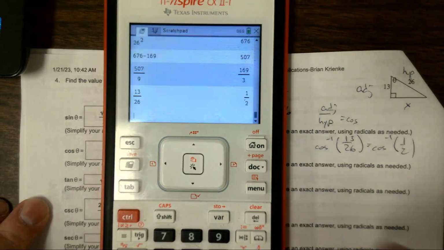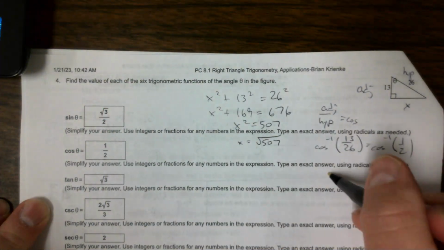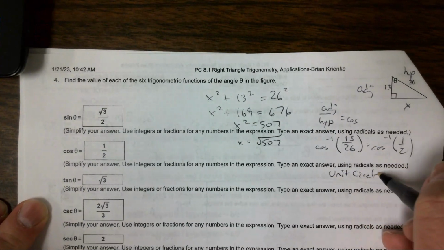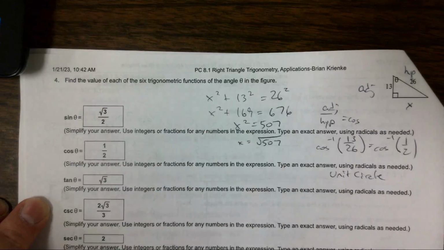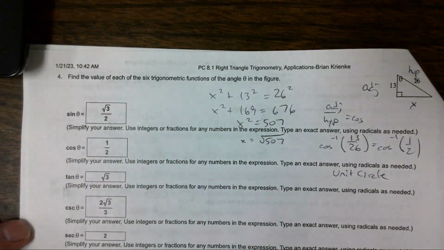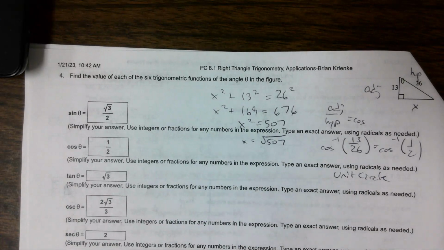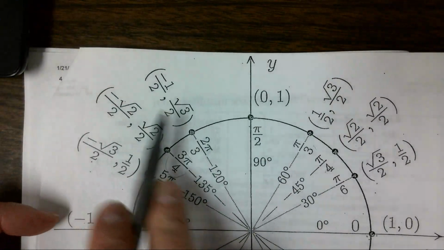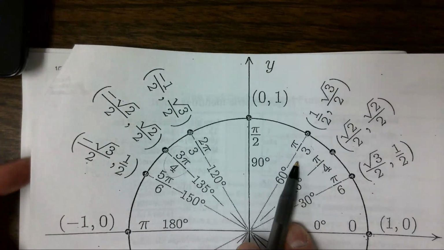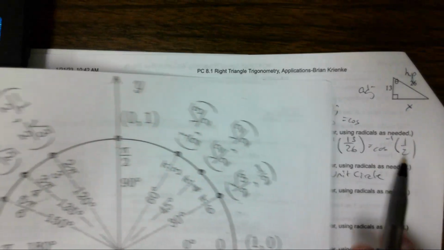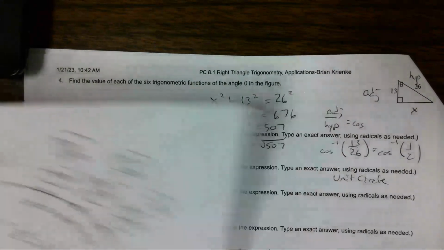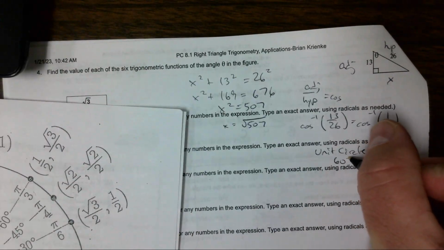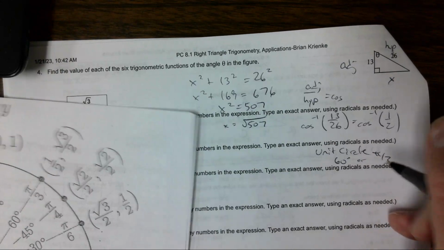So in order to find that, we'd look at your unit circle, or by now you may remember that. If the inverse cosine of 1/2, that'd be 60 degrees, or pi thirds.